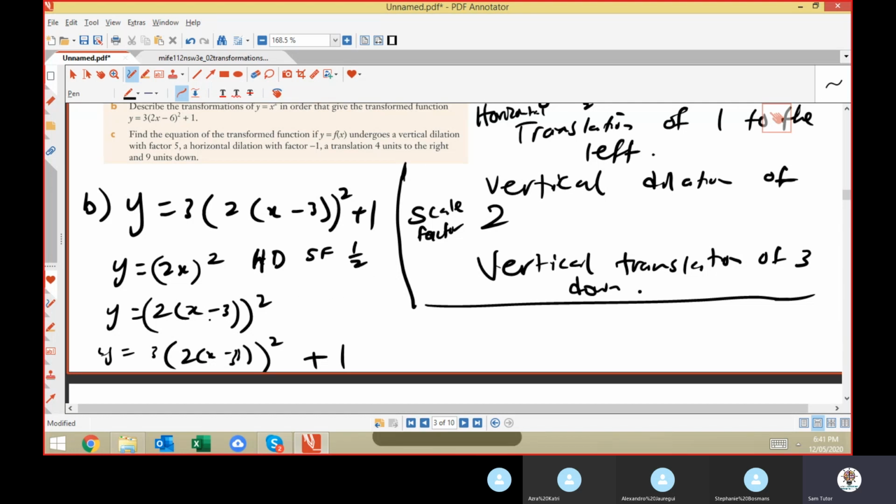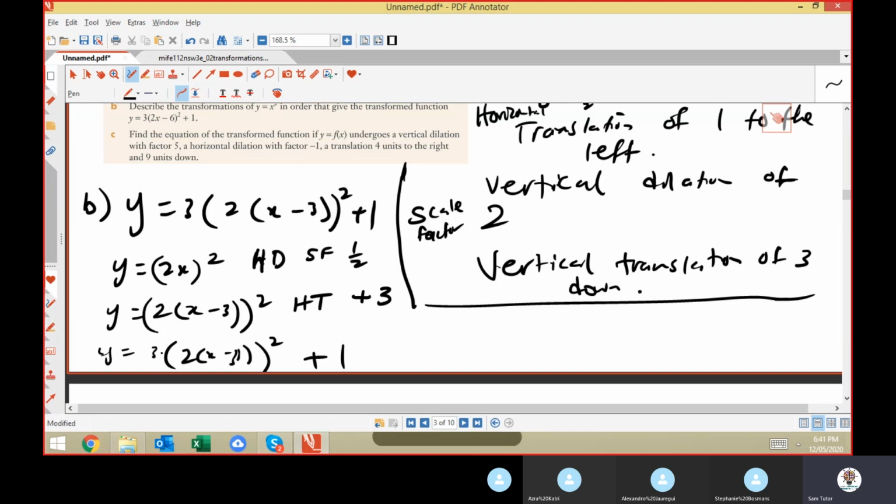Then we're going to shift our x's by -3, which means a horizontal translation of +3. Then we're going to go up.